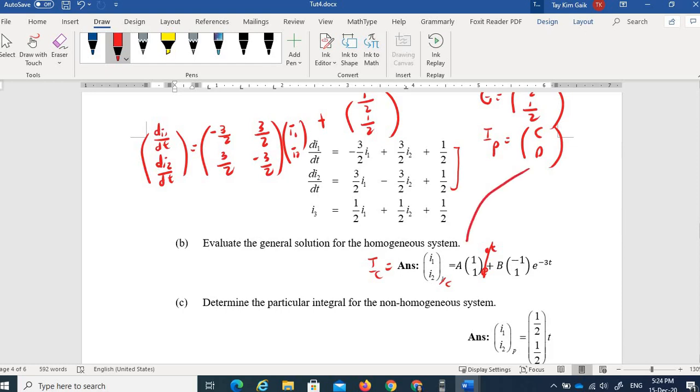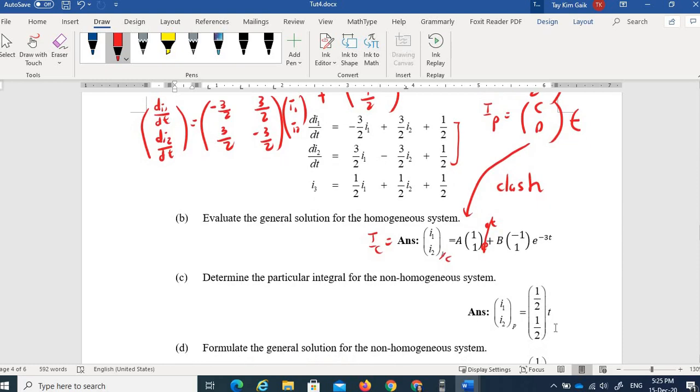In this case, clash. You see, CD is a constant vector, and this A times (1, 1) is also a constant vector. So in this case, clash. If clash, CD here you have to multiply by t. So you see the IP solution here, multiply by t.